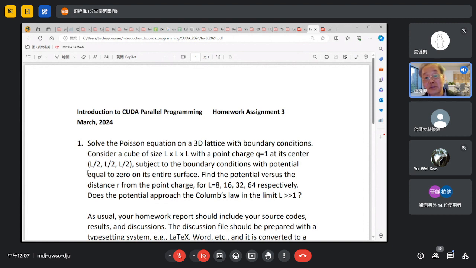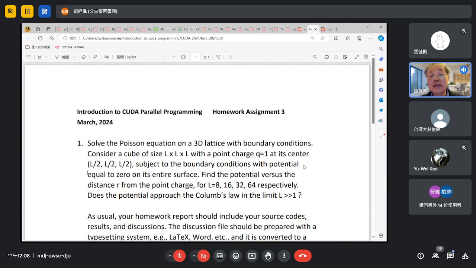That is how you get the potential and compare to the exact solution. Some of you, instead of imposing zero, may even impose the value of the exact Coulomb potential on the boundary, and that's fine.